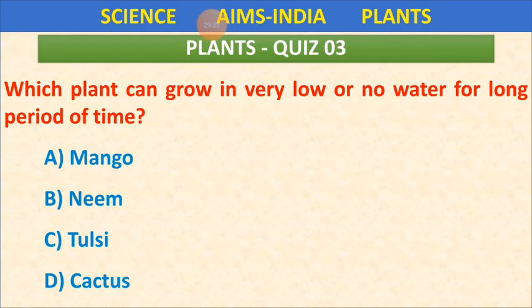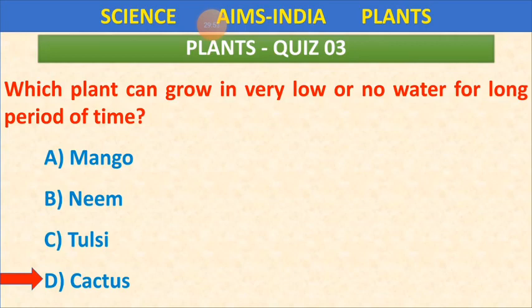So cactus, we said that it grows in the desert. Tulsi again is a shrub. Neem is a tree. Mango is also a tree. Now what is our answer? Cactus. Which plant can grow in very low or no water for a long period of time?